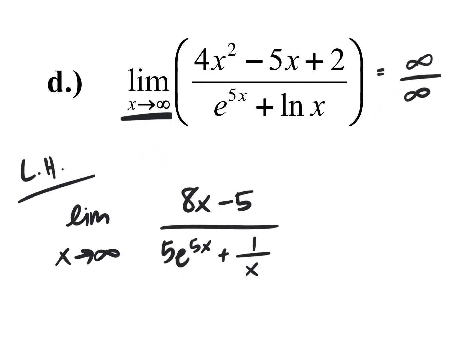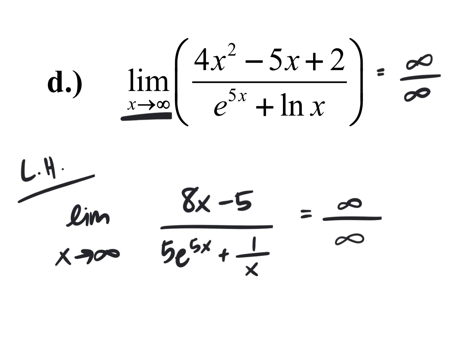On the top, 8 times infinity would still give me infinity. On the bottom, e to a really, really big number goes to infinity. What's 1 over infinity go to? 0. So infinity plus 0 is still infinity, which means we have to do it again.